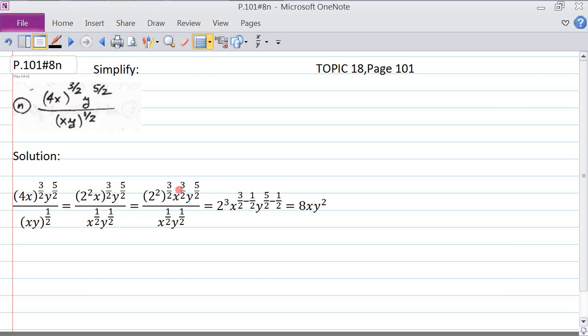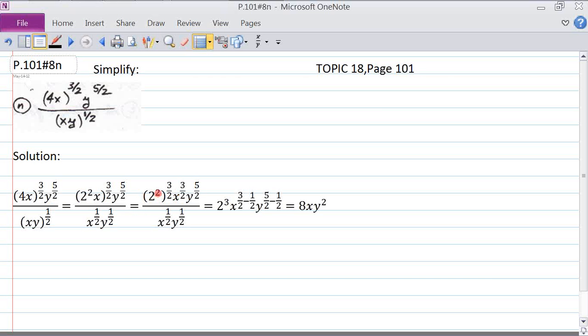And this y to the 5 halves is right here. And the denominator doesn't change. So the only thing I've done is remove this from the bracket, and I've changed x raised to the power 3 halves to x raised to the 3 halves here.